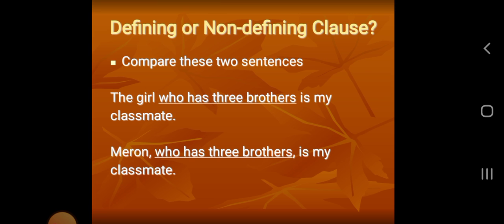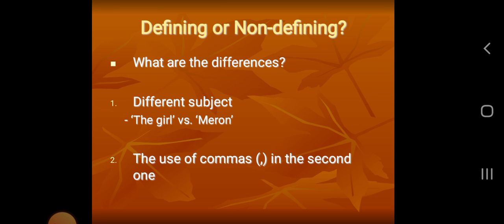When we compare these: the girl who has 3 brothers is my classmate. The girl, Meron, who has 3 brothers, is my classmate. Let's look at the differences. What are the differences? The difference is the subject, the girl versus Meron, and the use of a comma in the second one.